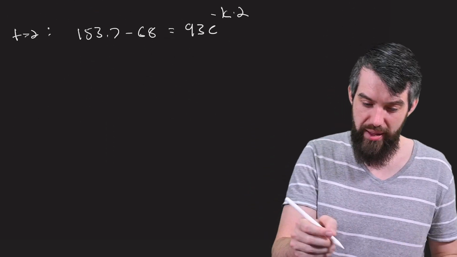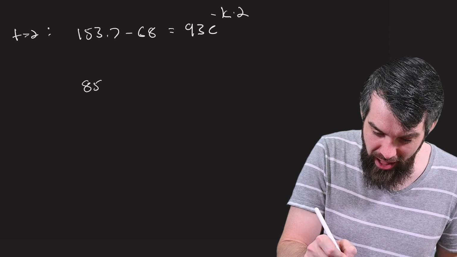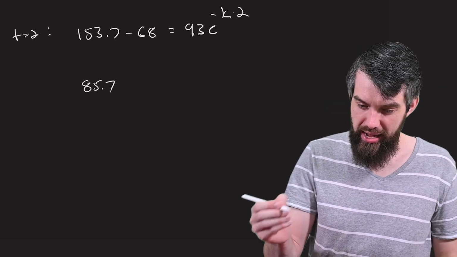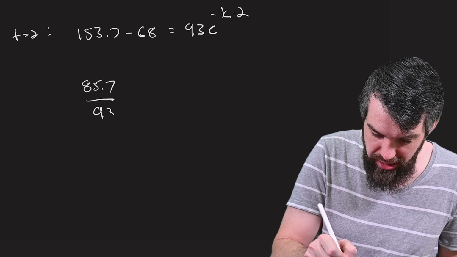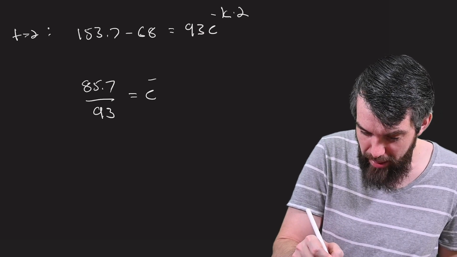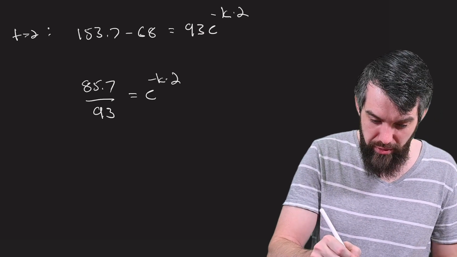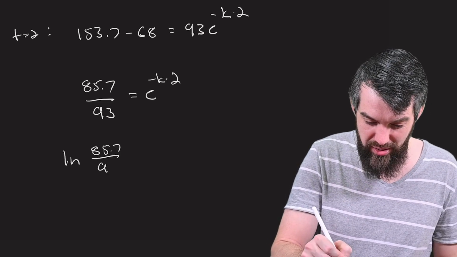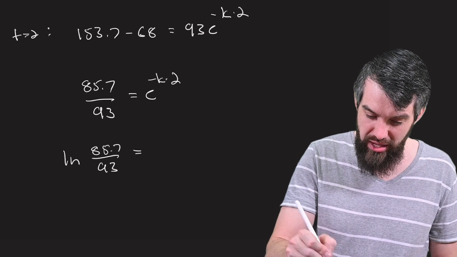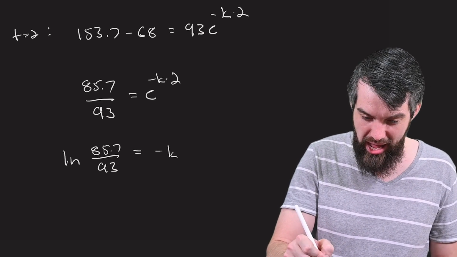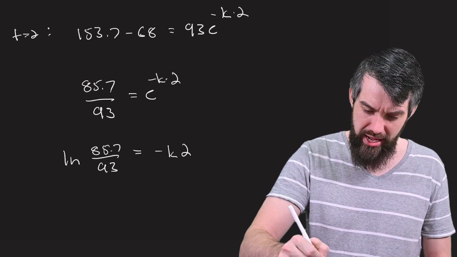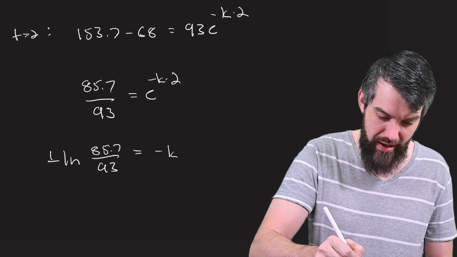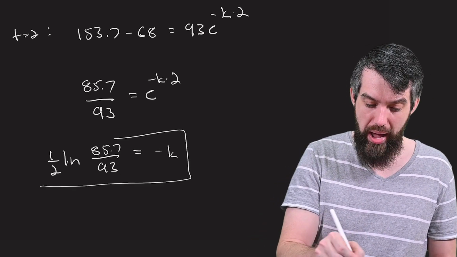So to solve this, I'm going to say that 85.7 divided out, in fact, by the 93 is equal to e to the minus k times 2. Then I'll take my logarithm. So logarithm of 85.7, these are all such funny numbers, divided by 93 is equal to minus k times 2. And in fact, I'll take that 2 out from the right-hand side and divide it out on the left. That is going to be my formula.